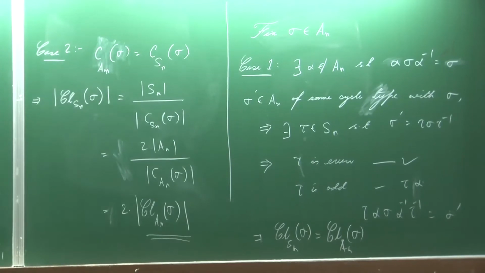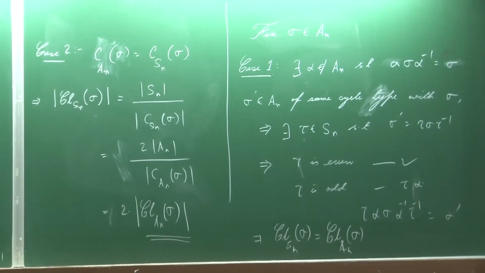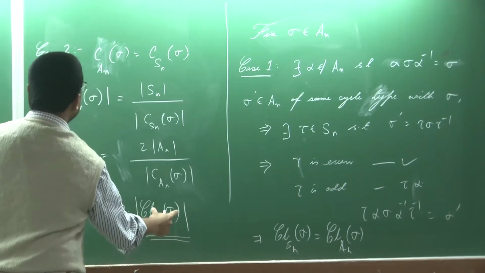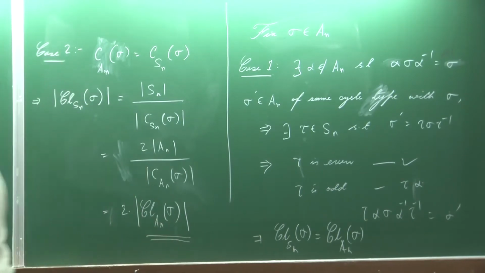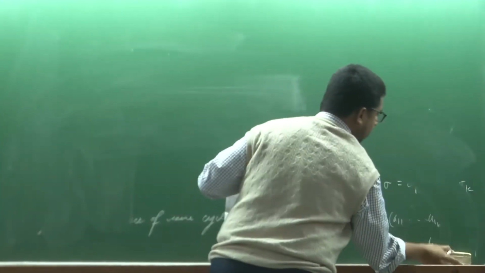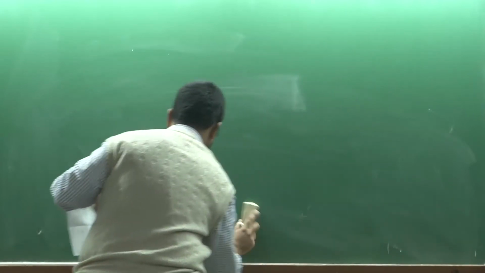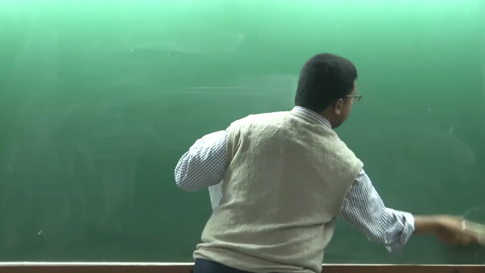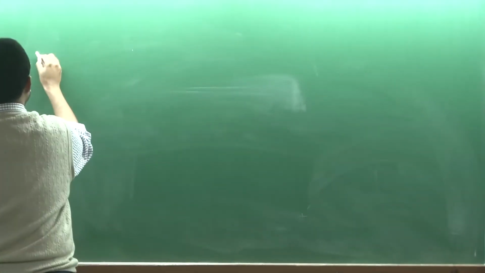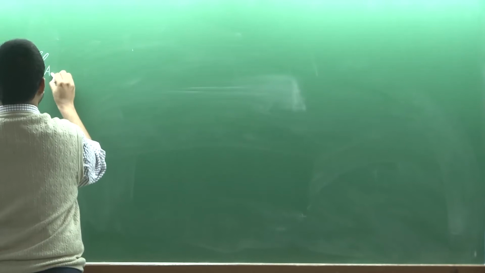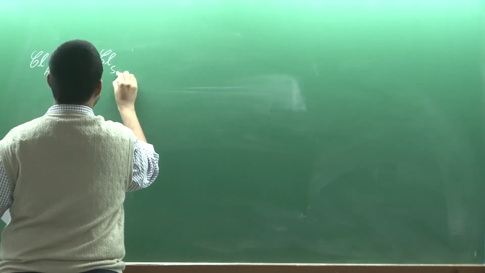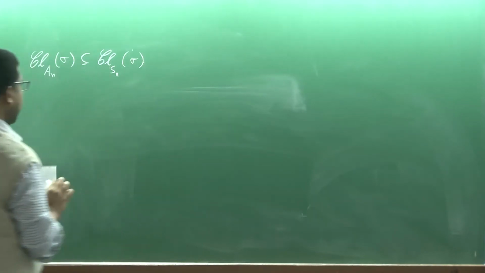Let me try to explain what is happening. One thing is quite clear: the conjugacy class in An is contained inside the conjugacy class in Sn.